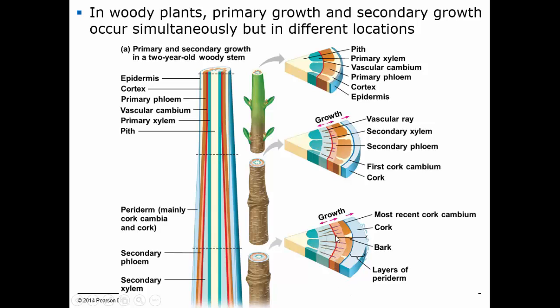And everything on the other side of the vascular cambium, including the primary and the secondary phloem, as well as this periderm layer that's also changed since the first year of growth, is called the bark. So notice that this periderm is enlarging from the epidermis as additional cell layers are put down. So we could say that as a tree grows, both the wood and the bark get thicker over time.